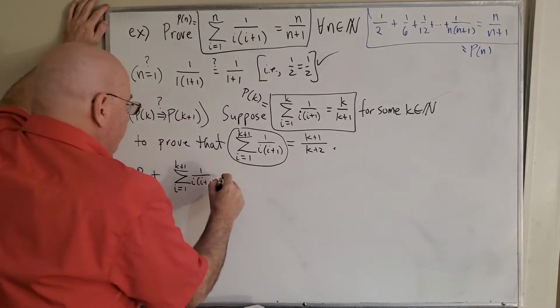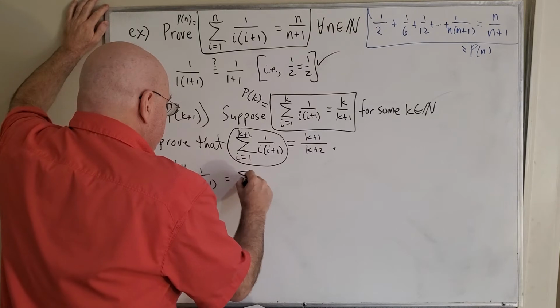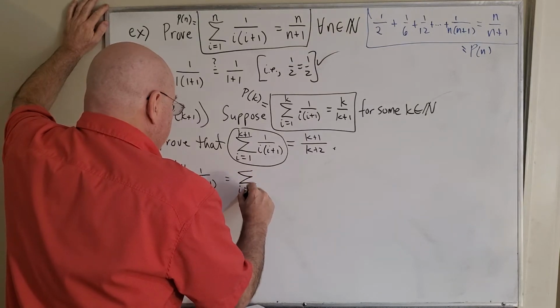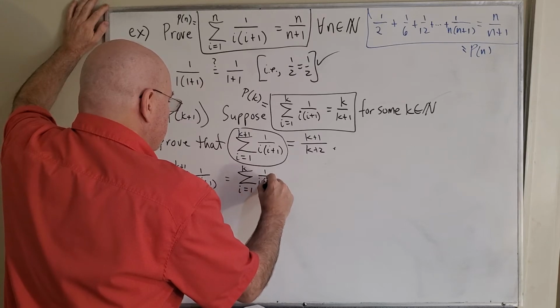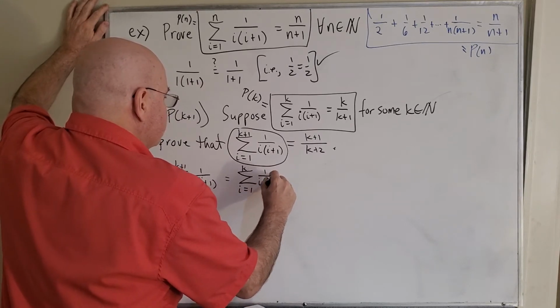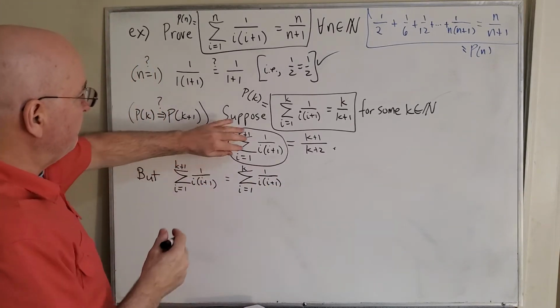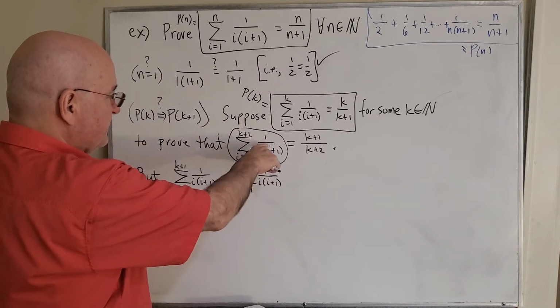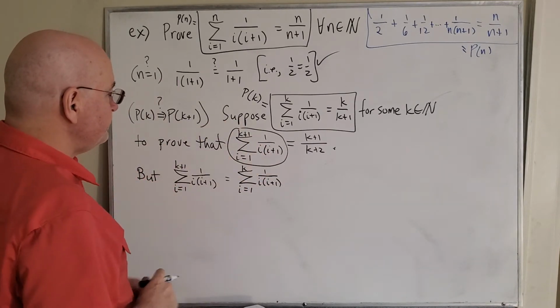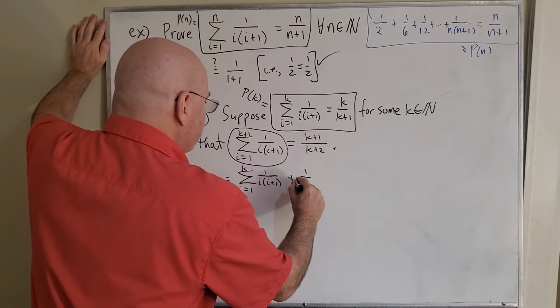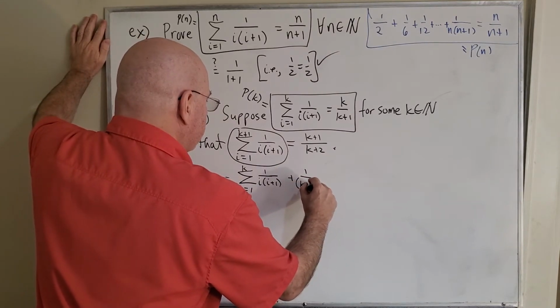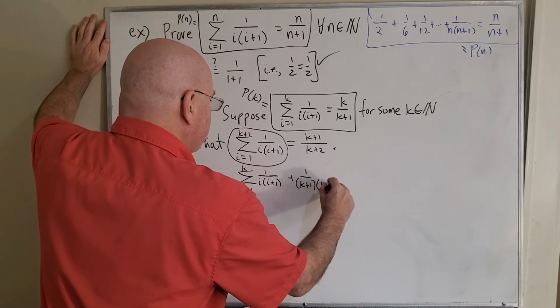But what do we know about this? We know that this is equal to the sum from i equals 1 to k of the same thing plus whatever happens when we plug k plus 1 into this formula: 1 over k plus 1 times k plus 2.